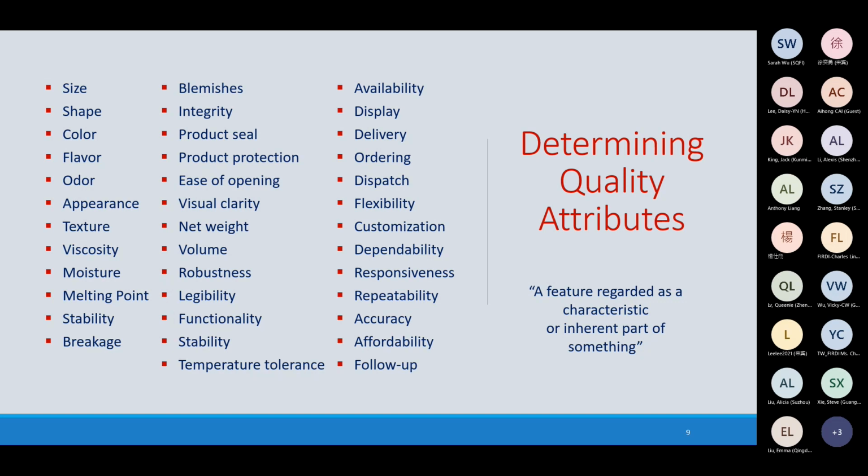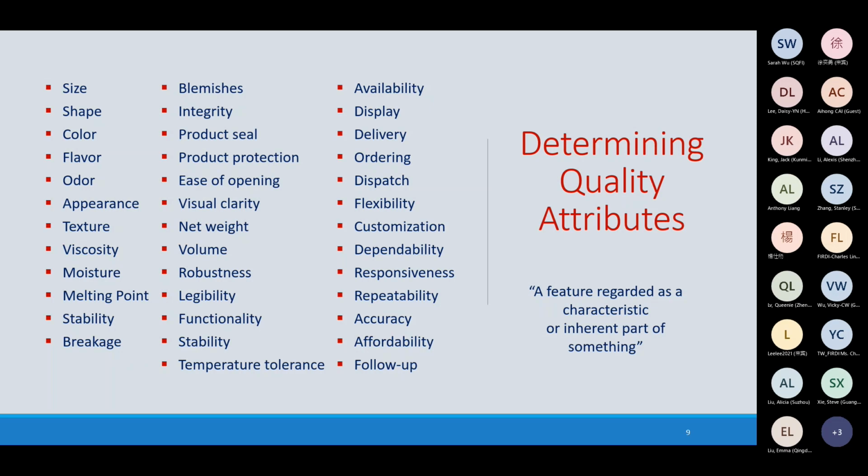Now, very often you'll find some quality attributes in the specifications. The specifications will very often provide information on the chemical and the physical attributes. The moisture level, the protein level, the water activity, the pH level, etc., would all be in the specifications.